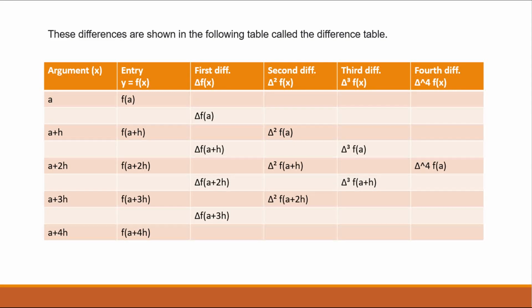Third difference, delta cube f of x: delta cube f of a is equal to delta square f of a plus h minus delta square f of a. Delta cube f of a plus h is equal to delta square f of a plus 2h minus delta square f of a plus h. Fourth difference, delta fourth f of x: delta fourth f of a is equal to delta cube f of a plus h minus delta cube f of a. These differences are shown in the following table, the difference table.